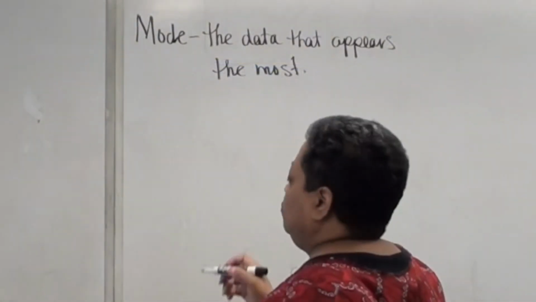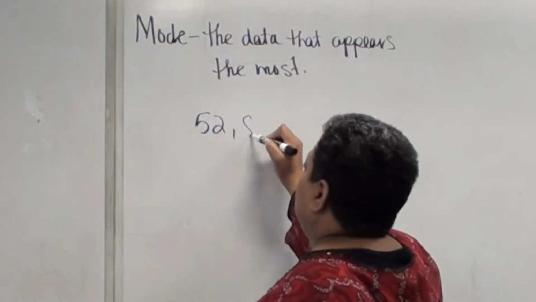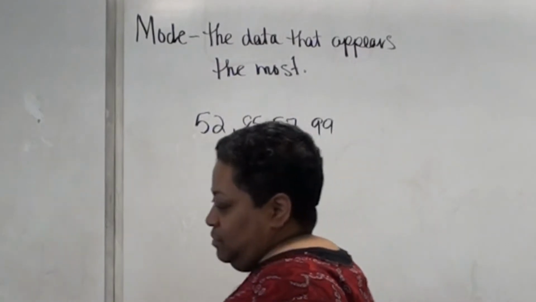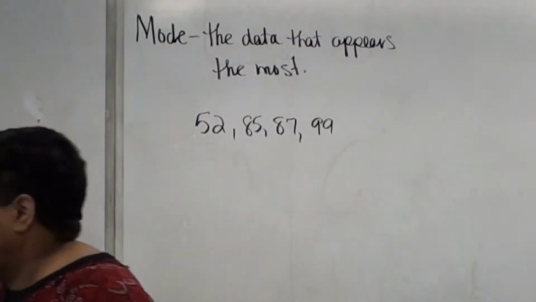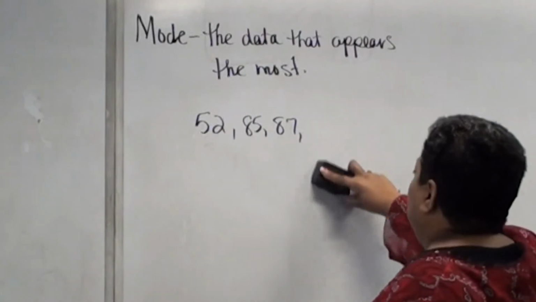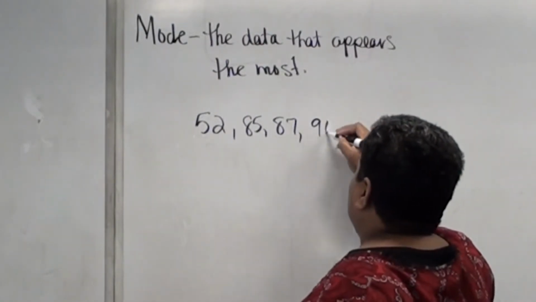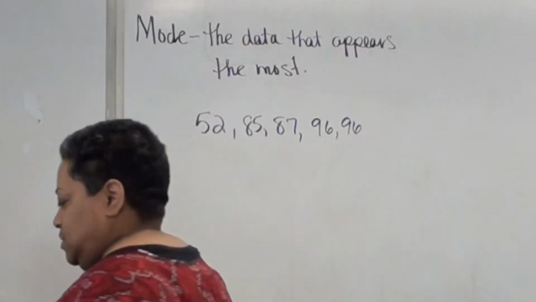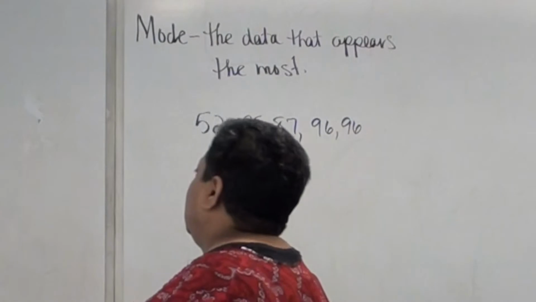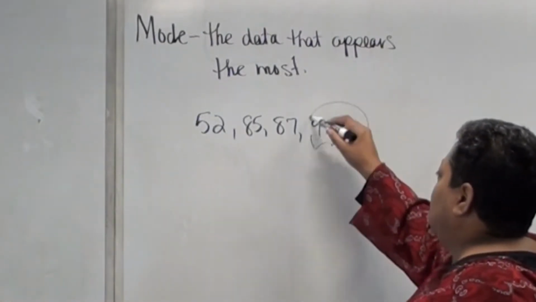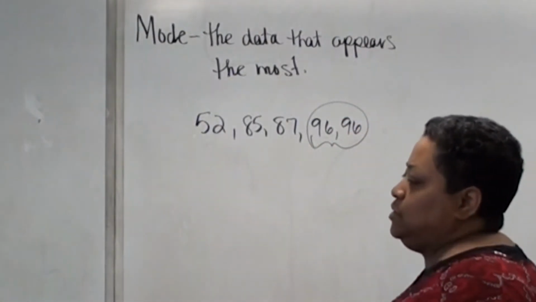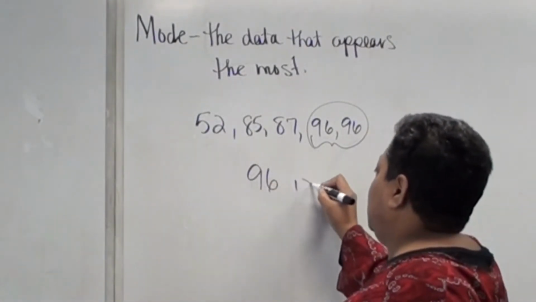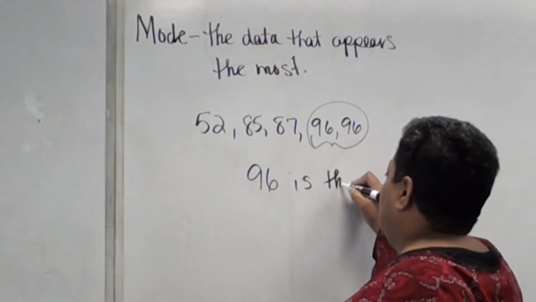So, from this data, we're going to use our same data that we had before, and I want you to help me to find the mode. Which one of these numbers appears the most? If you notice, right here, 96 appears twice, all the other numbers appear once. So 96 is the mode.